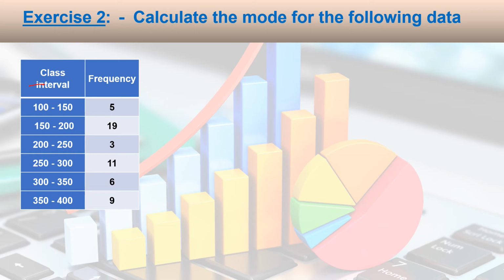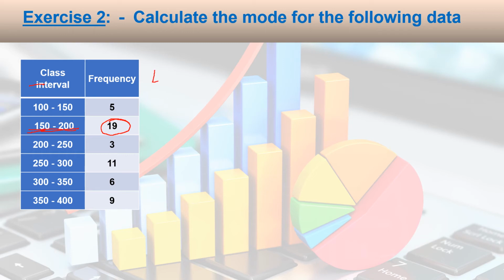First we identify the modal class. Here the highest frequency is 19, so the modal class is 150 to 200.